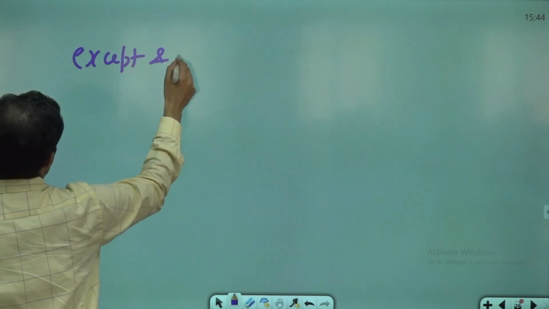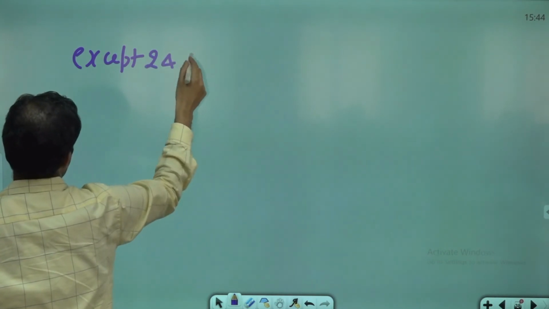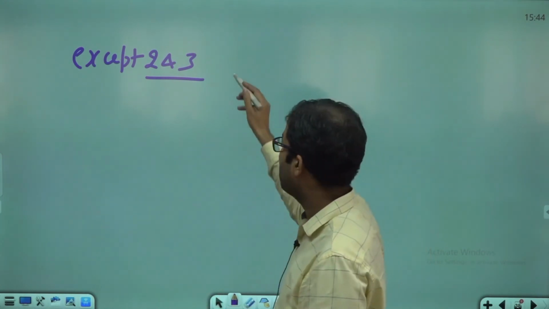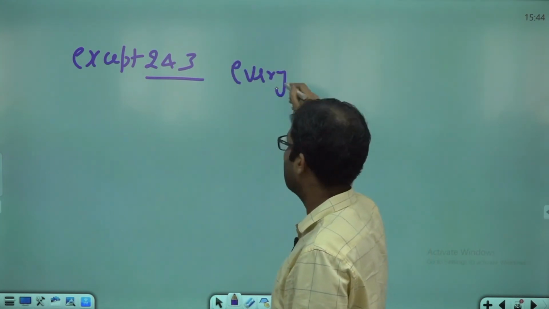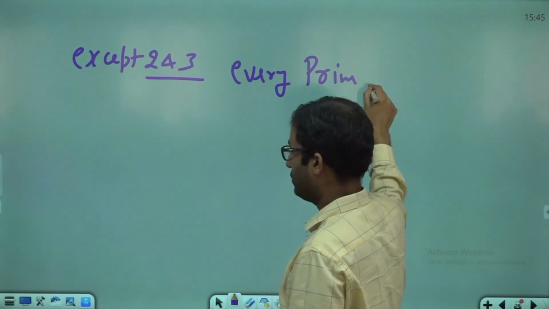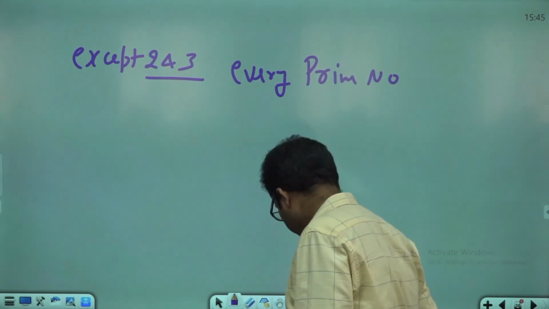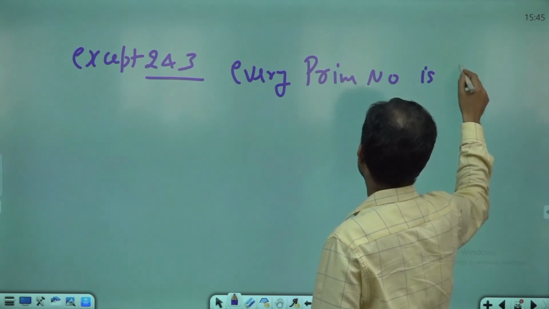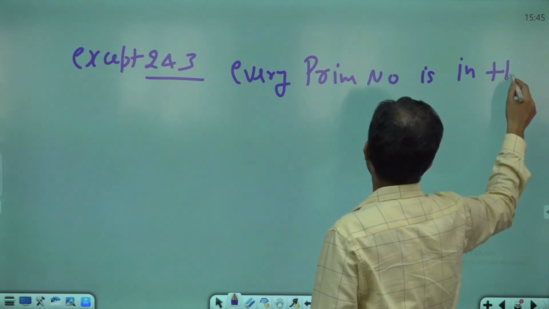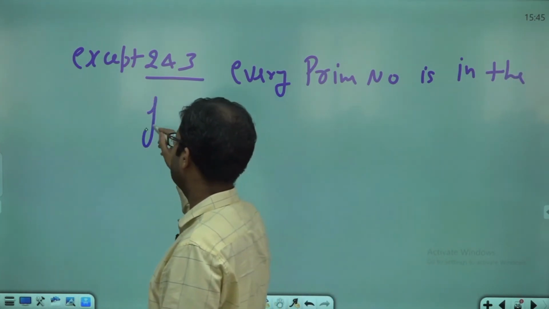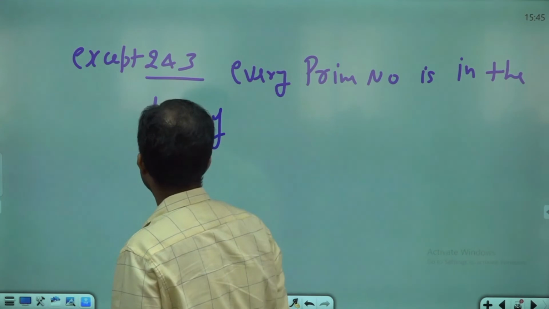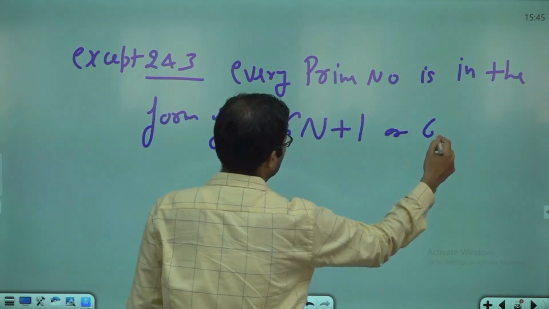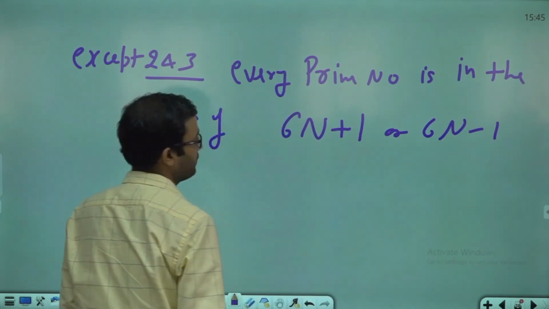Except 2 and 3, exception is there, every prime number is in the form of 6n plus 1 or 6n minus 1.